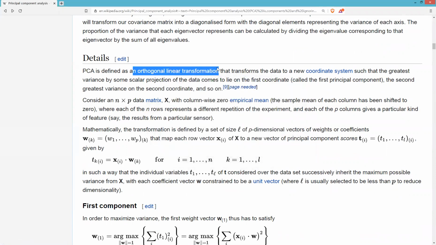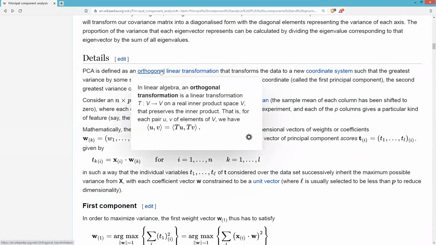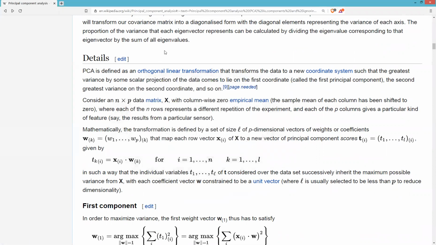So it is a linear transformation, and then we will learn non-linear transformations, such as autoencoder, shortly. But PCA is orthogonal. So the principal components in principal component analysis are orthogonal to each other. And then they transform data to a new coordinate system.